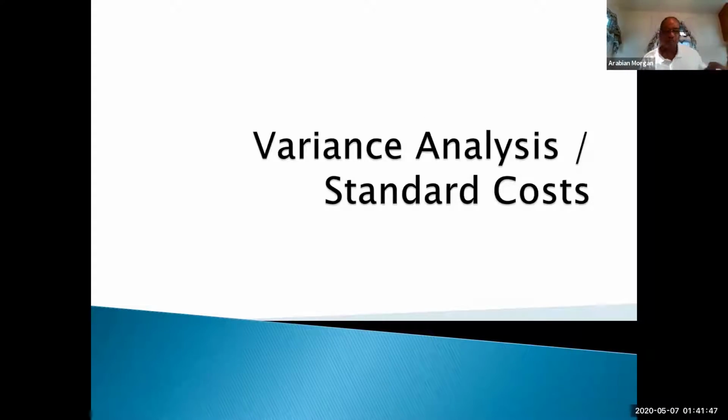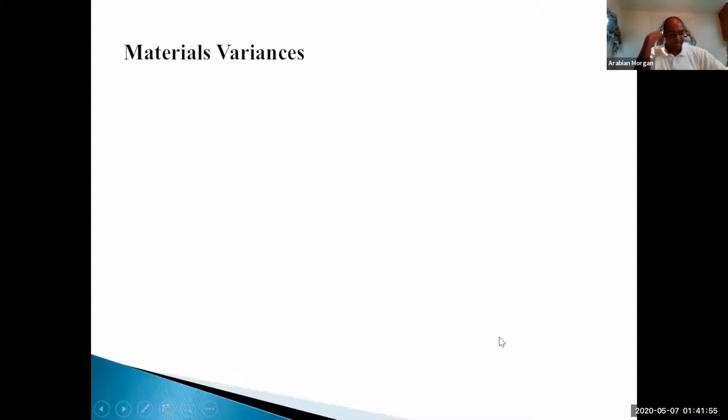This is what we're going to tackle today. Towards the middle of the bottom of page 421, I have the direct material variances. Those are grouped into three formulas: material price variance, materials quantity variance, and then total materials variance.